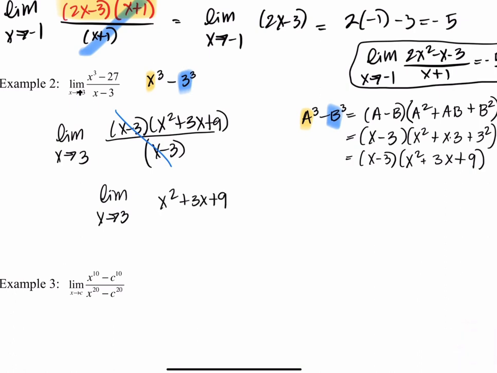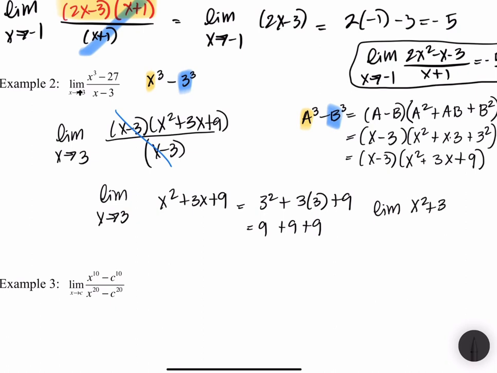And now I can go ahead and try to do substitution. So I'm going to plug in directly here. I'm going to get 3 squared plus 3 times 3 plus 9, which is going to give me 27. So I know that the limit of x squared plus 3x plus 9 as x approaches 3 is 27. So that's my limit.